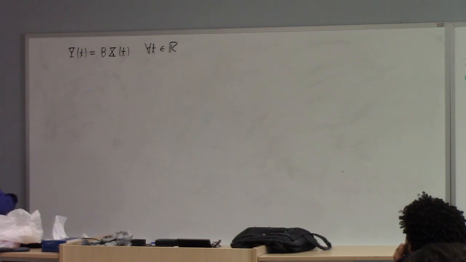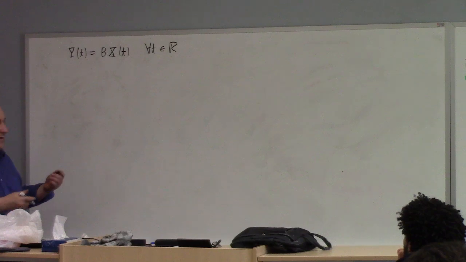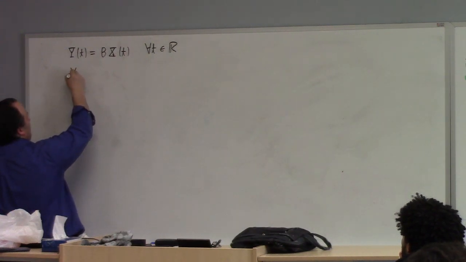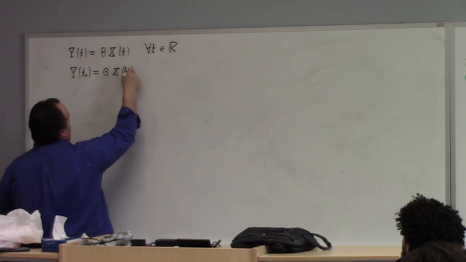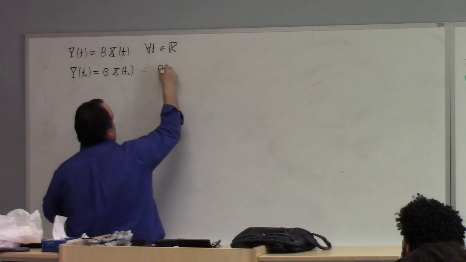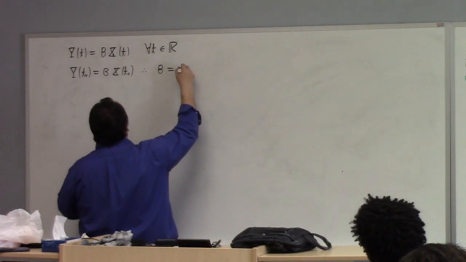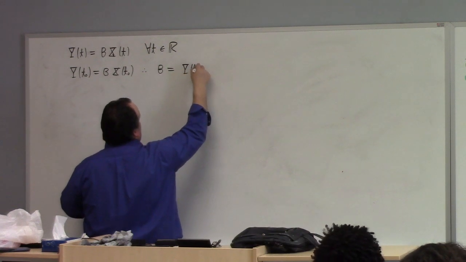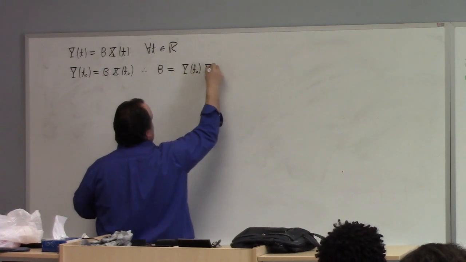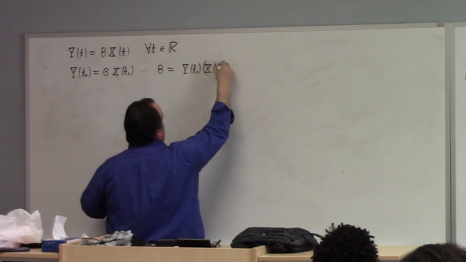Plug whatever time you like. Time 0, time t naught. If I look at time t naught, Y of t naught is equal to B times X of t naught. So therefore B is equal to Y of t naught times X of t naught inverse.